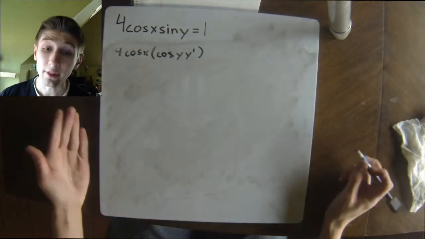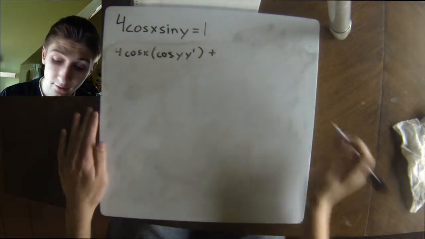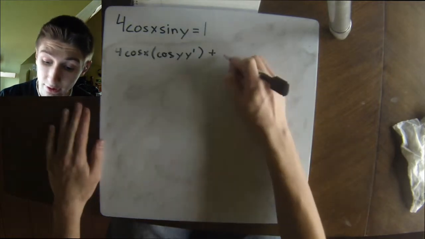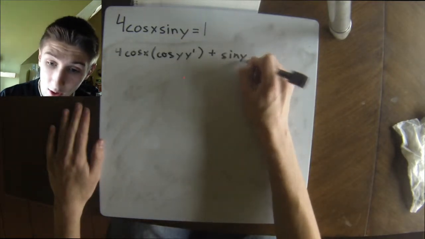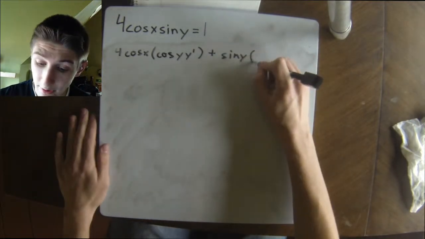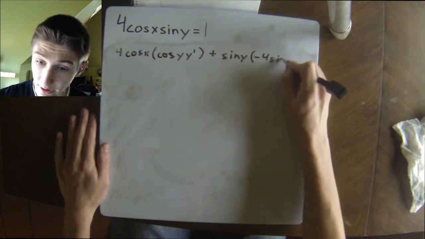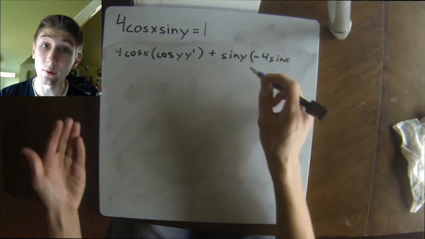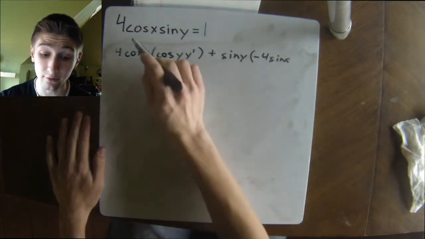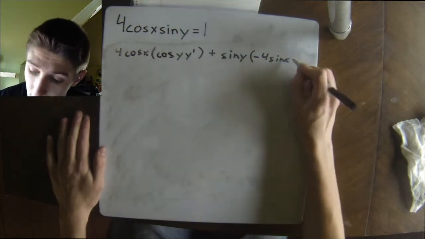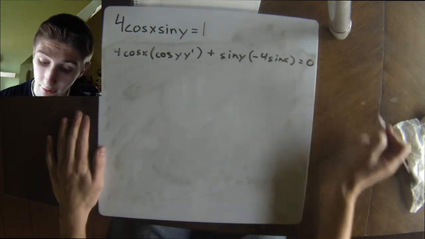So, after you do that, you add second times first, which is sine y, parentheses, negative 4 sine x, and the reason why it's negative is because you have to make sure you follow the rule of cosine, and that equals 0.